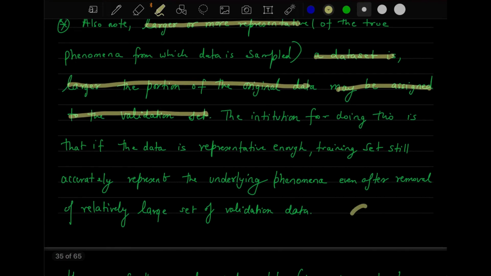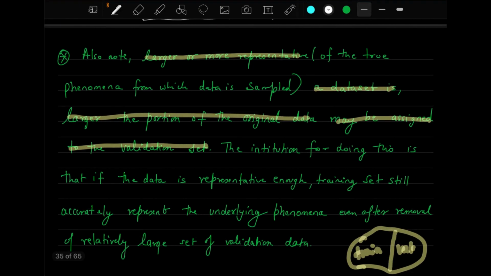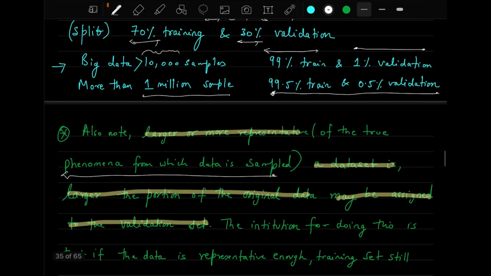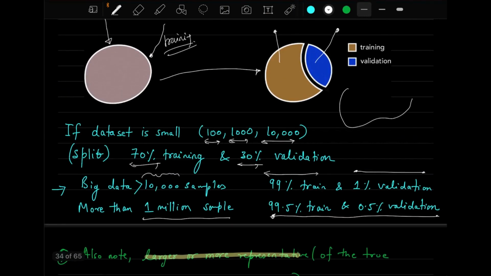Like in this division, if you have a data set which is very much representative of that particular phenomena, then you can put a larger data set as validation data set, and this is training. By true phenomena I mean, as I discussed, we have this probability distribution Px.